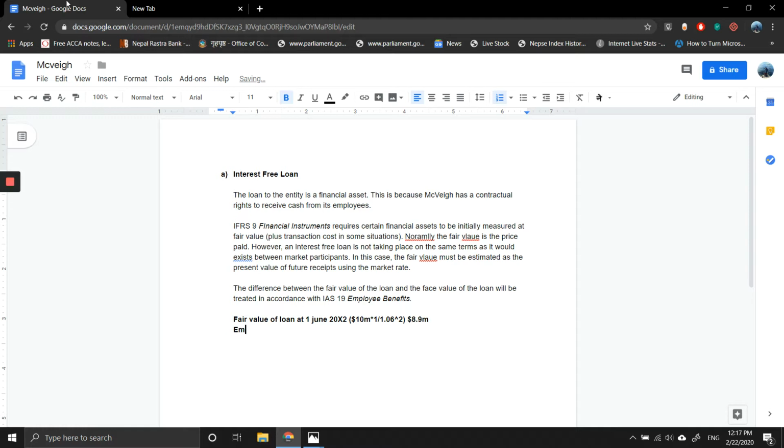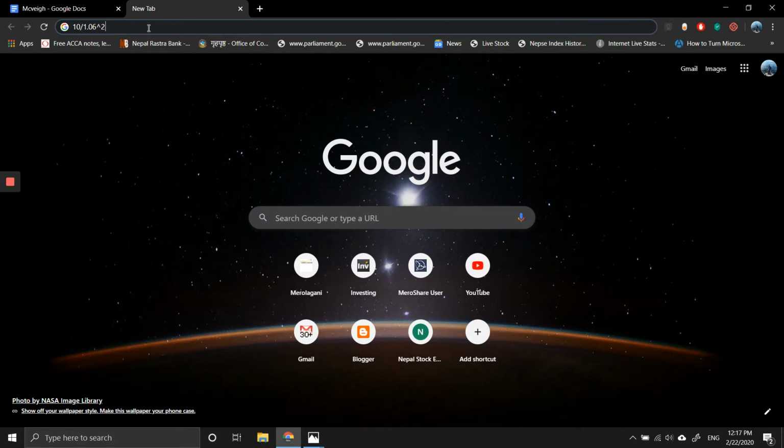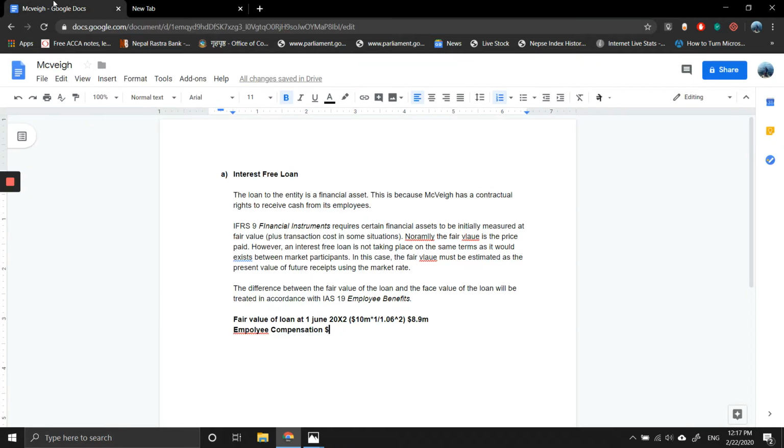And then employee compensation will be the balancing figure, which will be 8.9 minus 10, that is 1.1 million. Cash paid to the employees is 10 million, right?